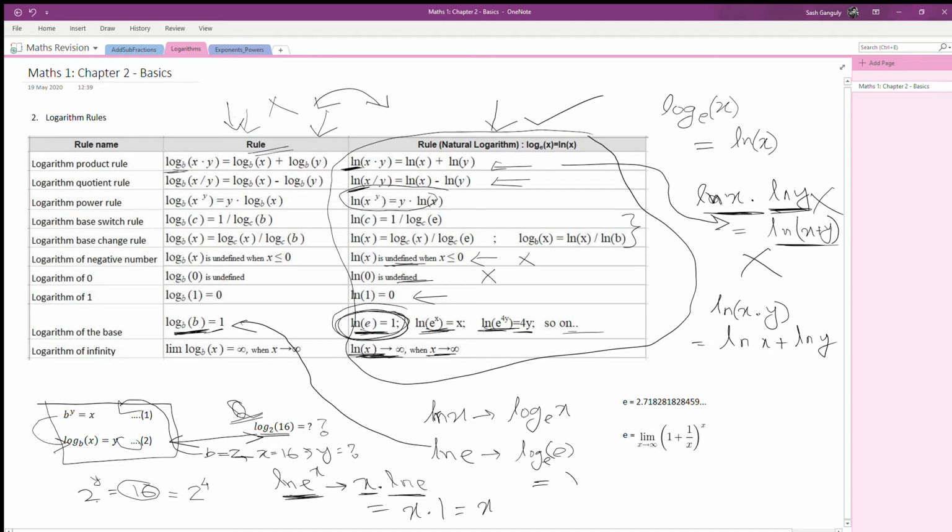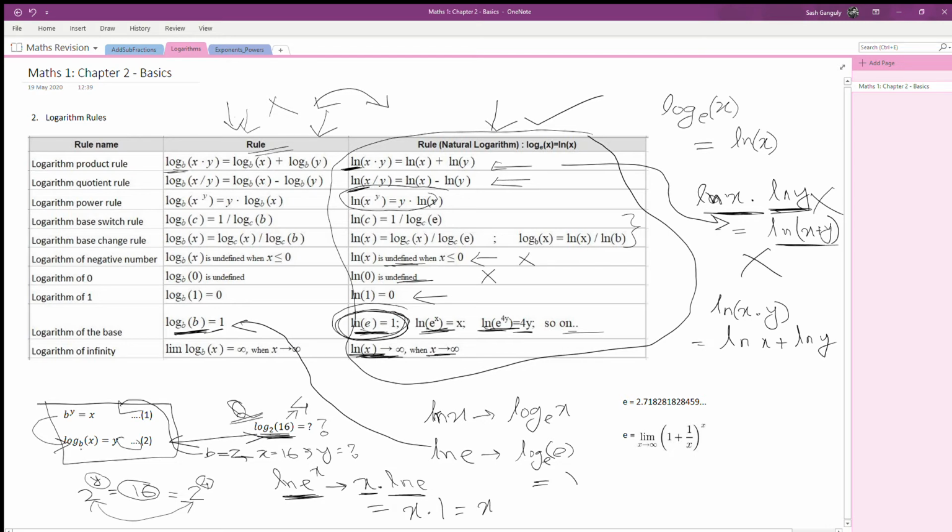Now, because we have 2 as the common base in both left hand side and right hand side, clearly y then is equal to 4 for left hand side and right hand side to be equal. So this is basically the same as writing log base 2 of 16 is therefore equal to 4.